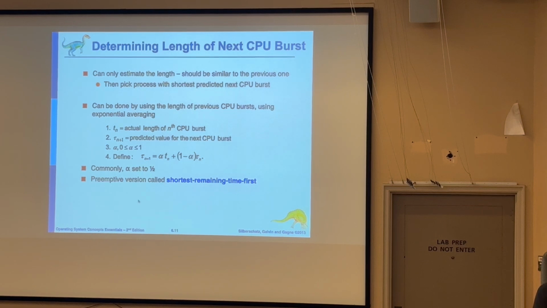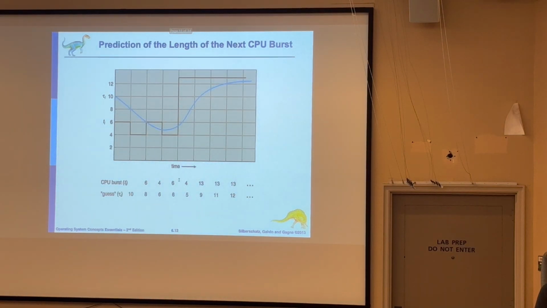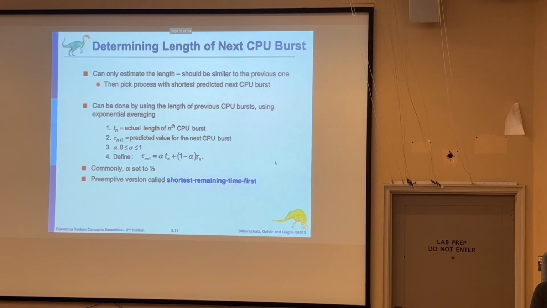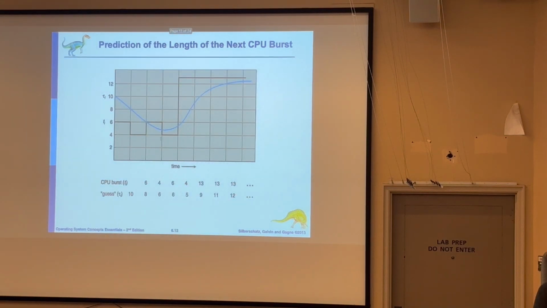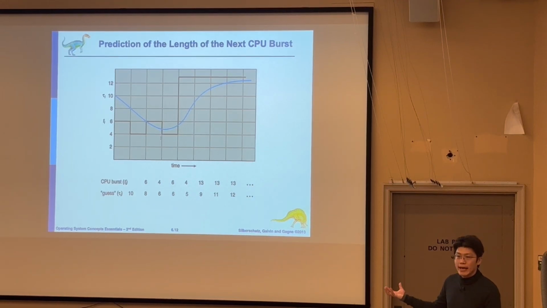Okay, so there is a preemptive version of it. It's called shortest remaining time first. But this is an example of how the algorithm works using this prediction. The specific algorithm that is used here to do the prediction is not that important. People have developed different versions of prediction. The idea is similar.